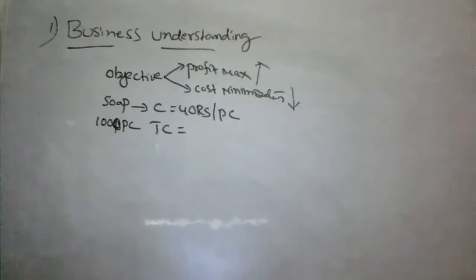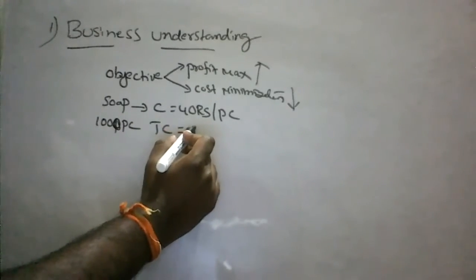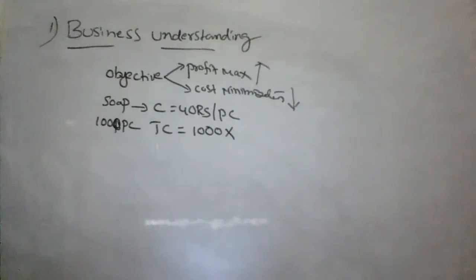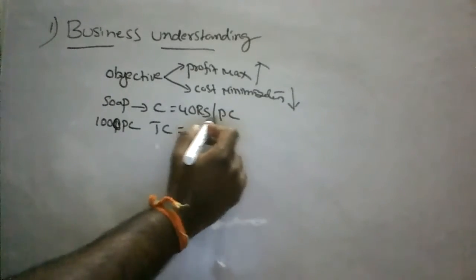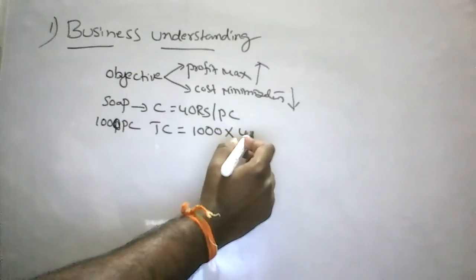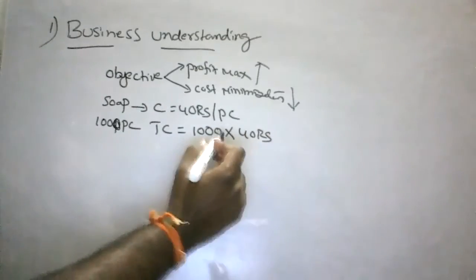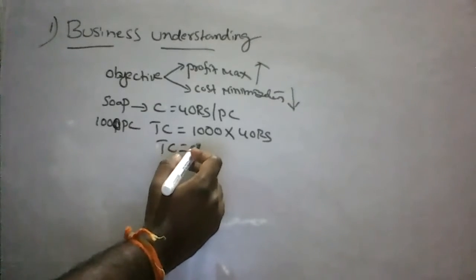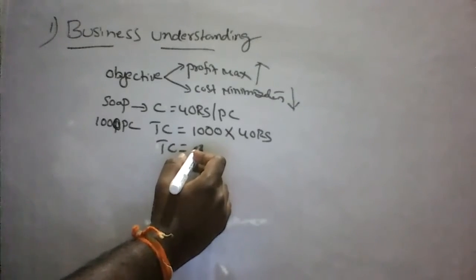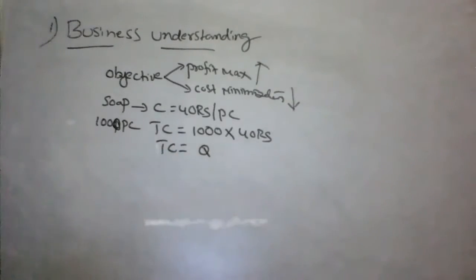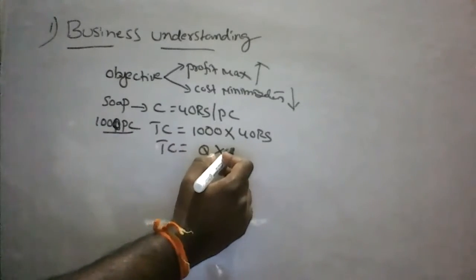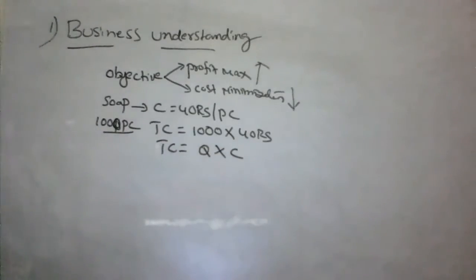Let us take an example. I am producing 1000 pieces every day. That means 1000 into 40 rupees is the cost of production, where 40 rupees is the cost per piece and 1000 is the quantity. Here TC, the total cost, is equal to the quantity of total production, how many I am going to produce, into C, the cost of production of each soap.